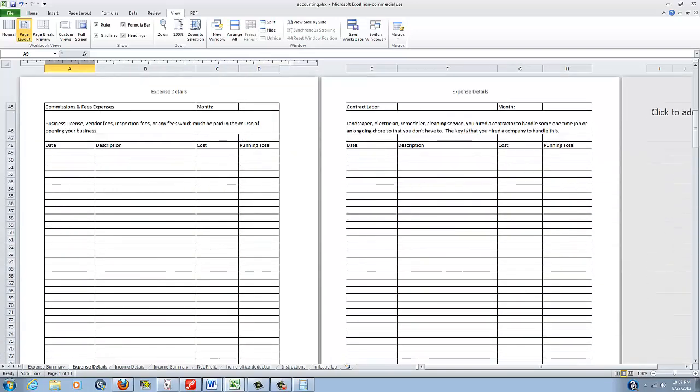Our next section here is commissions and fees. Commissions and fees is where we're going to put down all of our Paylution fees. If you use a merchant account like Square to run credit cards, any of those fees. So we're just going to put down some of those here.